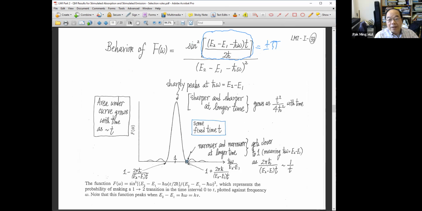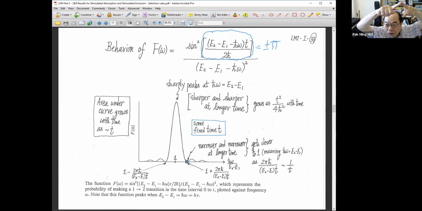If this is the case, this function will be 0. Do you understand? Therefore, you can work out what these 2 points are.